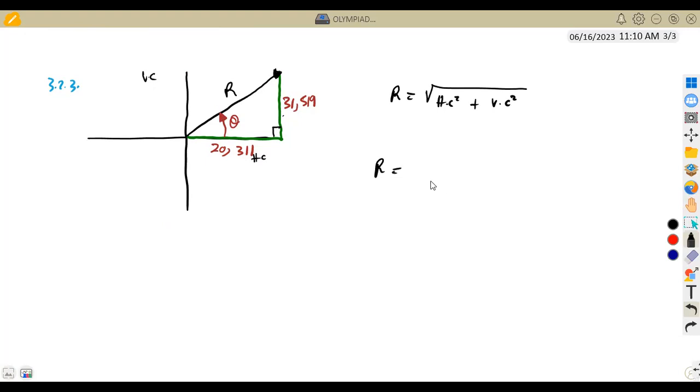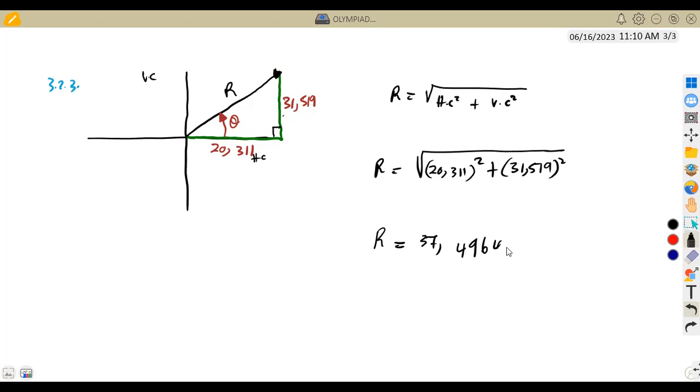So that means our resultant is going to be the square root of horizontal component 20,311 squared plus the vertical component squared, which is 31,519 squared. So this is what you're going to have. Our resultant is going to be something like 37,496.45, and so on.